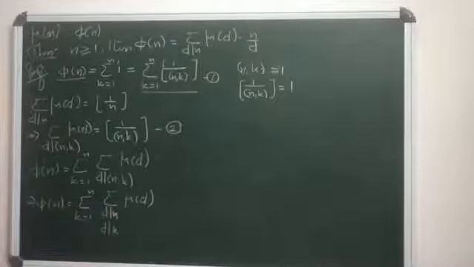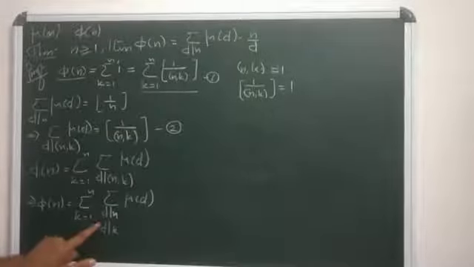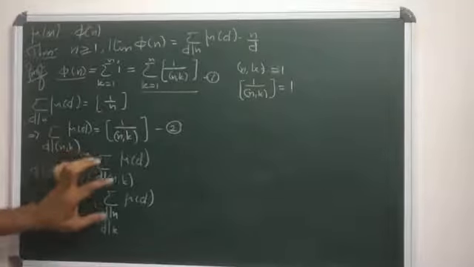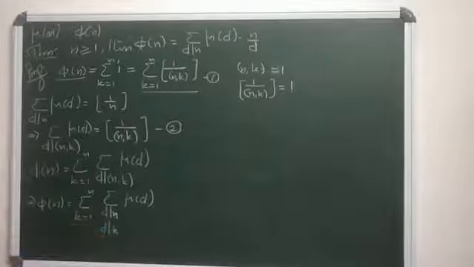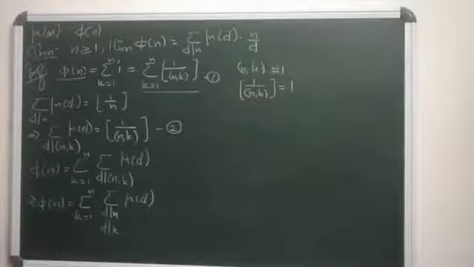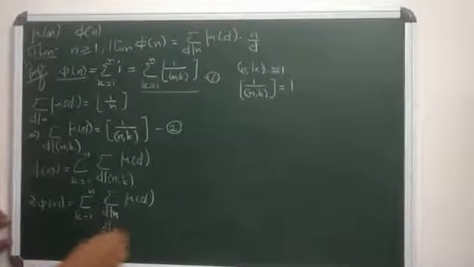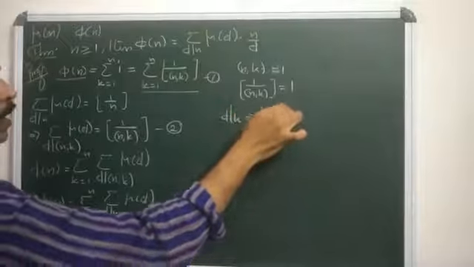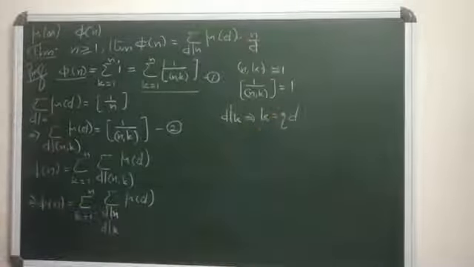Okay. So, for a fixed divisor d of n, we must sum over all those k in the range, k ranges from 1 to n, which are the multiples of d. Here, what is d divides k? d divides k means k equals q into d.